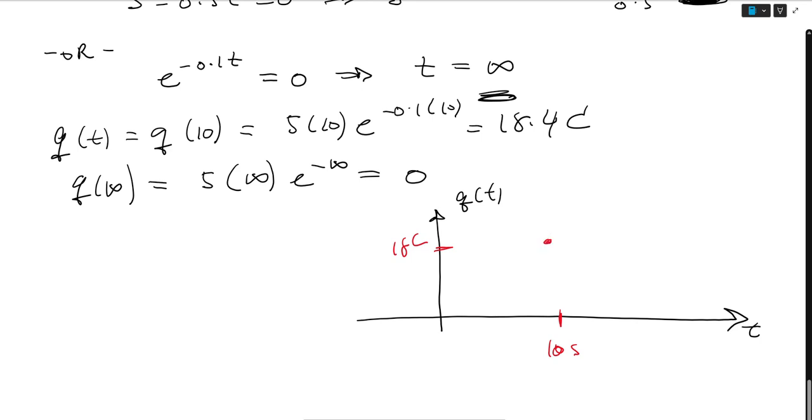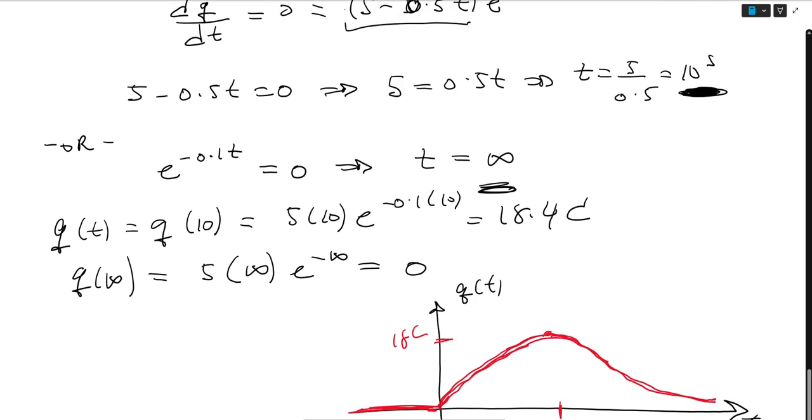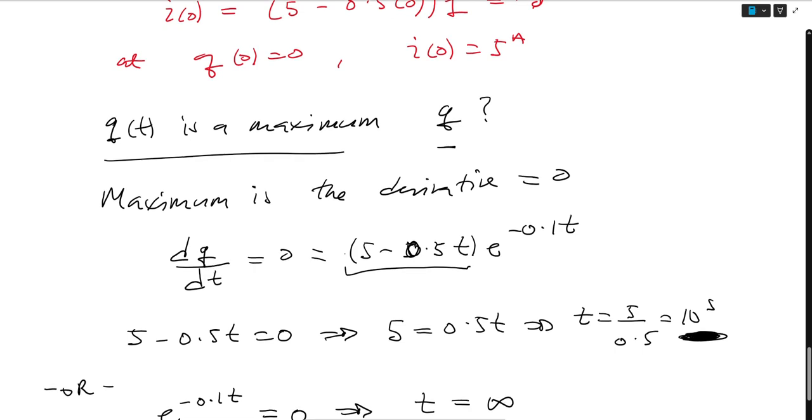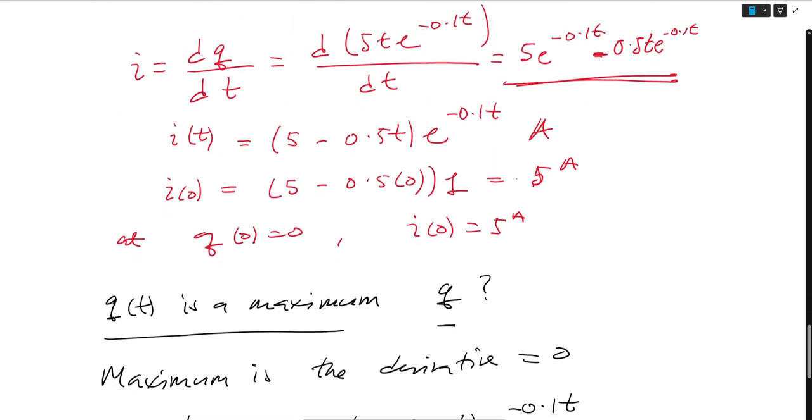And then as it reaches infinity, it goes down towards 0. And at 0, before 0, it's 0. And after 0, it rises up to 18. So this is kind of what our charge is doing.